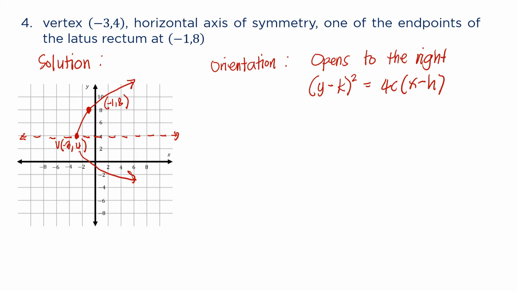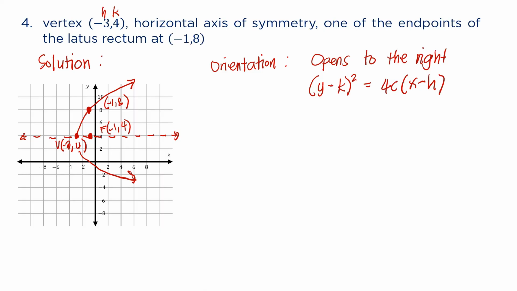Yun. Now, we need the values of h, k and c. Meron na tayong h, k, yung vertex. So, yung c na lang ang hahanapin natin. From this one, from the illustration, we can find actually the focus. Kasi yung latus rectum, di ba, dadaan siya sa focus. And take note yung vertex naman, aligned siya sa focus. Therefore, ang focus ay nandito. Yan. Right? So your focus now has the coordinates negative 1 and your y is 4.